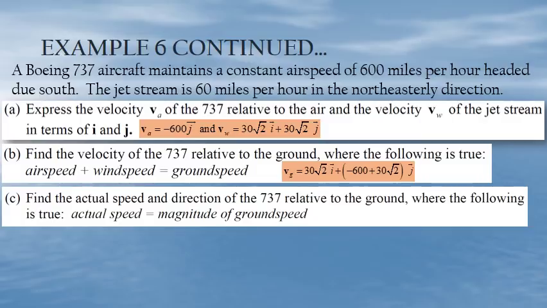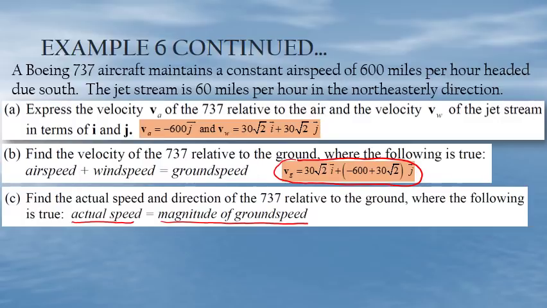So they're actually asking us to find the actual speed, and then I tell you that the actual speed is the magnitude of ground speed. Well, what's ground speed? Ground speed is what you found up on part B, right? That's my component form of ground speed. So what I need to do is find the magnitude of that. In other words, I need to find the length of it.